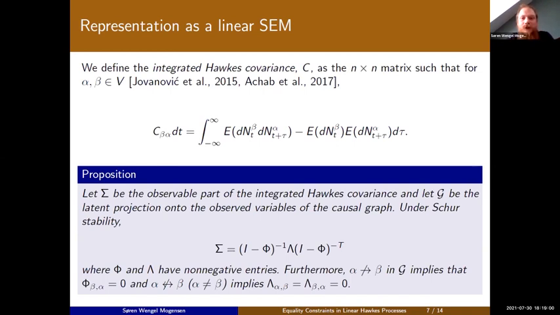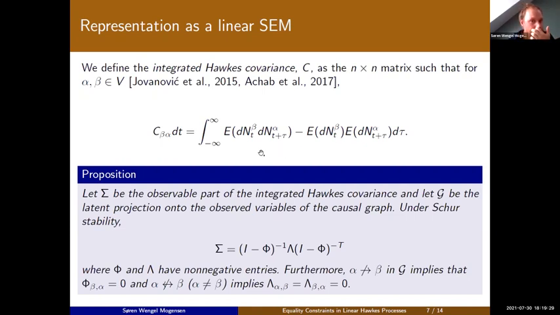Okay, so now I want to go to the meat of the talk. We need to define this integrated Hawkes covariance. Remember that this process is a stochastic process, and now we define an integrated measure of covariance, one that has no notion of time. So we define this n times n matrix C such that each entry is this integral. Let's see what's under the integral first. Under the integral is essentially a covariance.